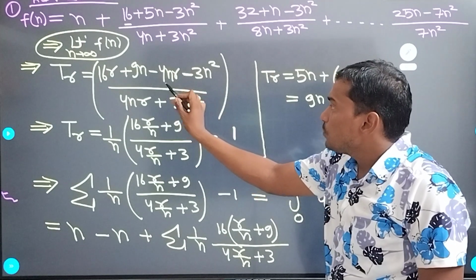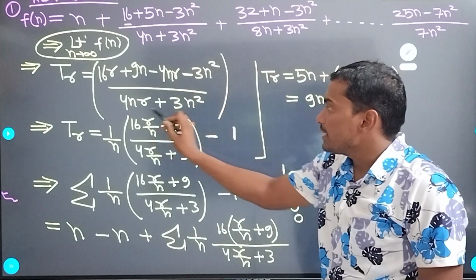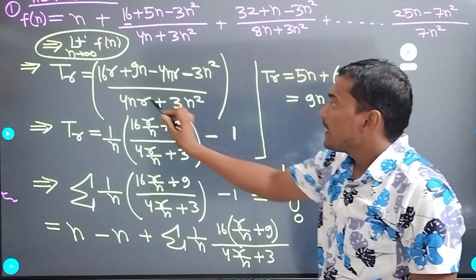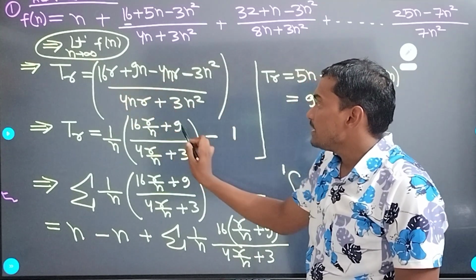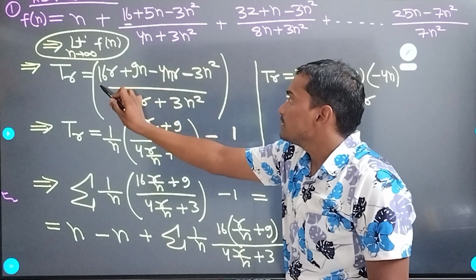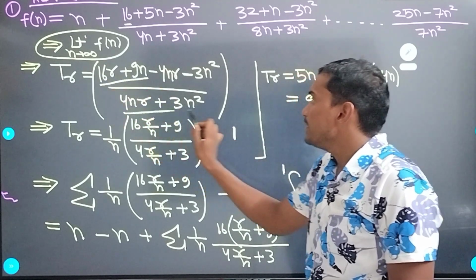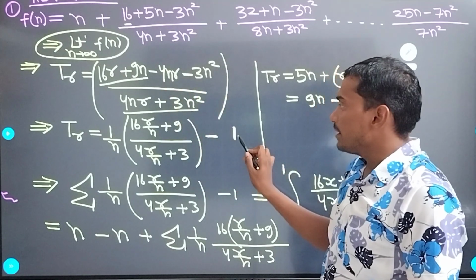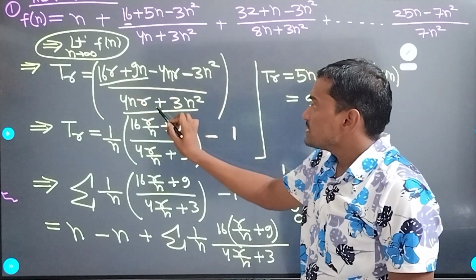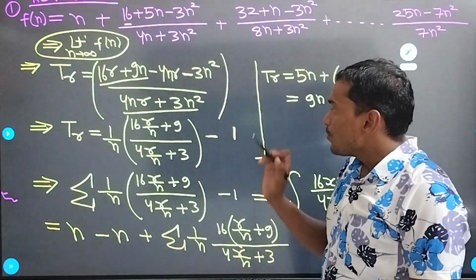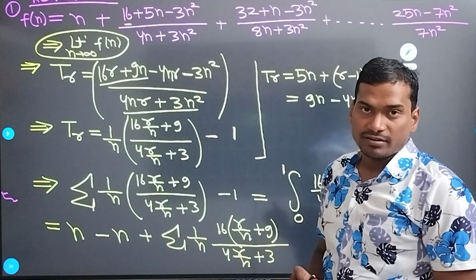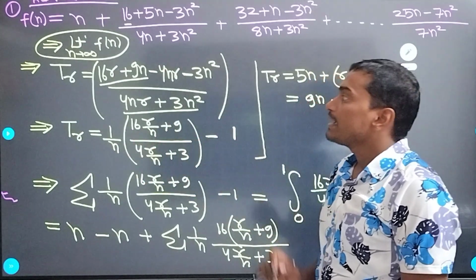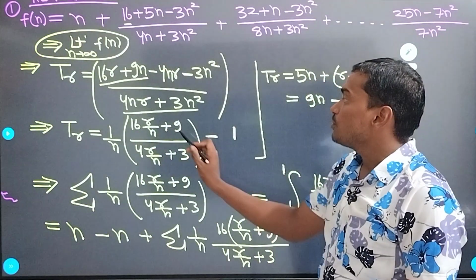You can see this 4nr and 3n square, 4nr and 3n square. This upon this, so that is minus 1. And 16r plus 9n divided by this. This upon whole I have taken, minus this upon whole, that is 1. When we are taking this upon whole, we are going to divide by n square. So when you divide by n square, you will get 1 by n outside.